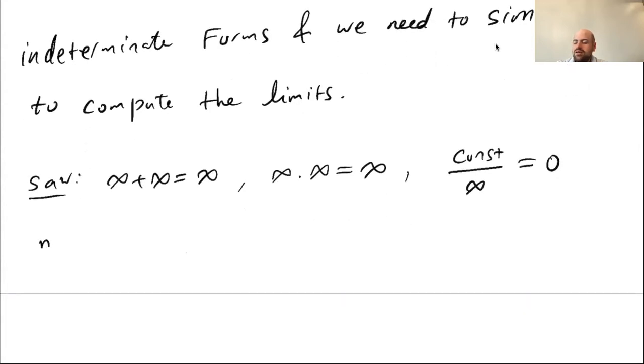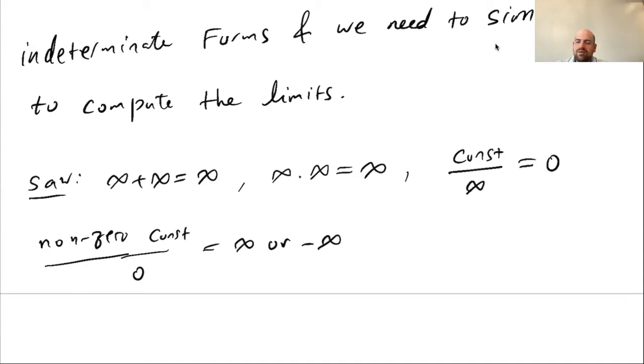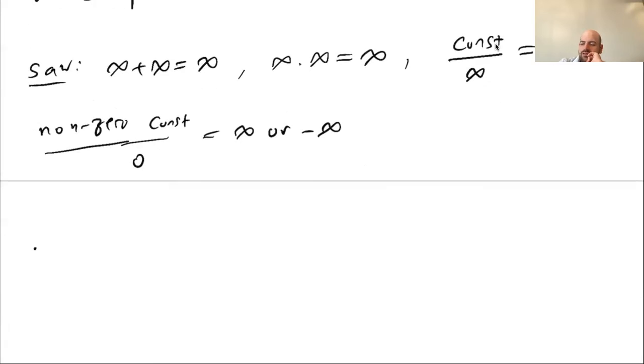Or a non-zero constant over 0, then the answer is infinity or minus infinity. Again, it depends on the constant and on whether it's 0 plus or 0 minus. So these are the things we saw last time.